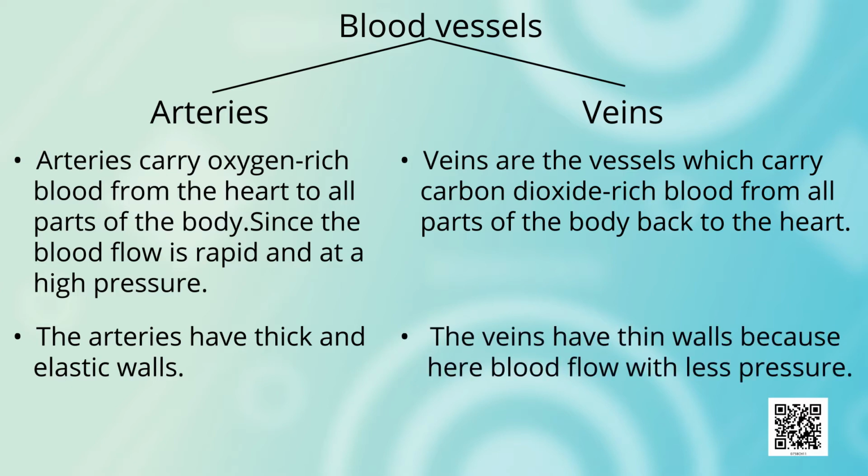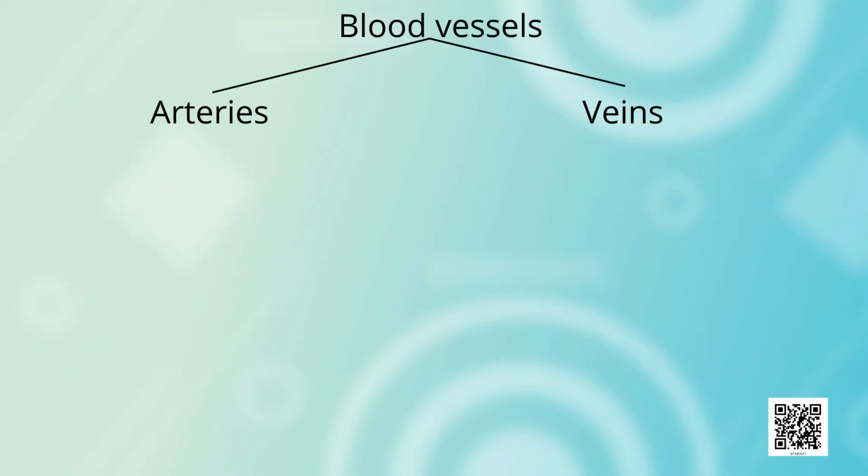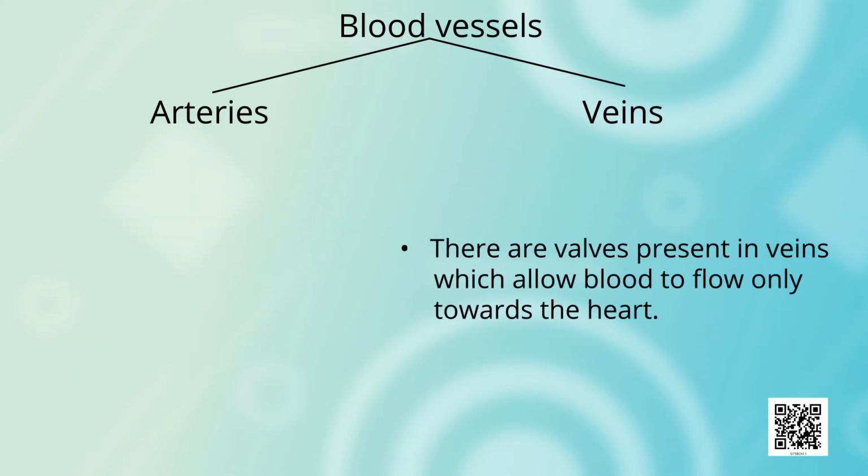The veins have thin walls because here blood flows with less pressure. There are valves present in veins which allow blood to flow only towards the heart. Arteries do not possess valves.